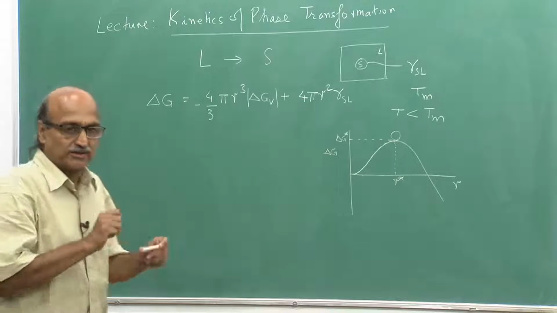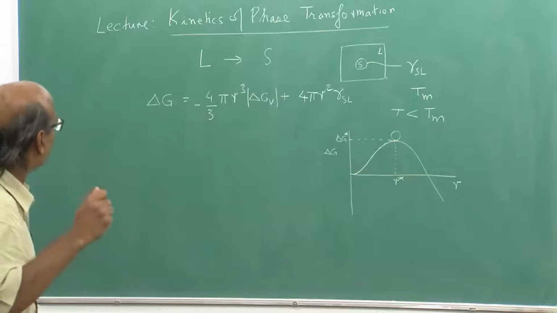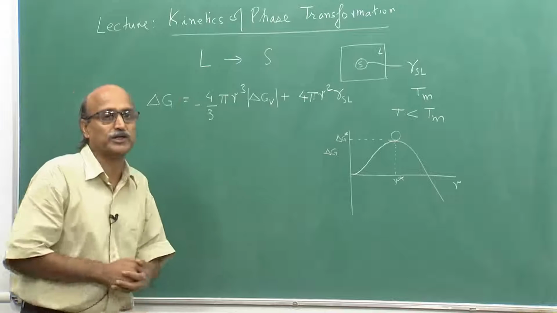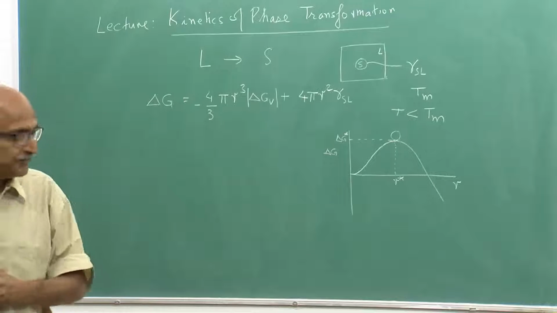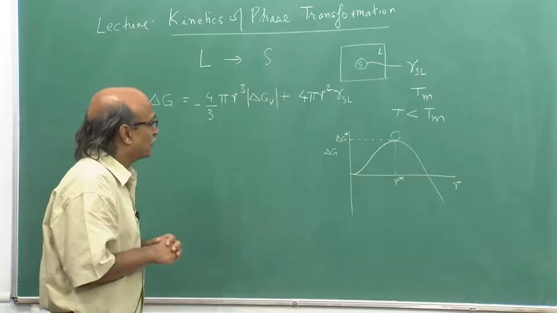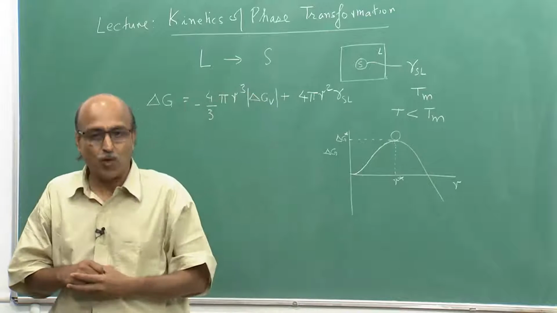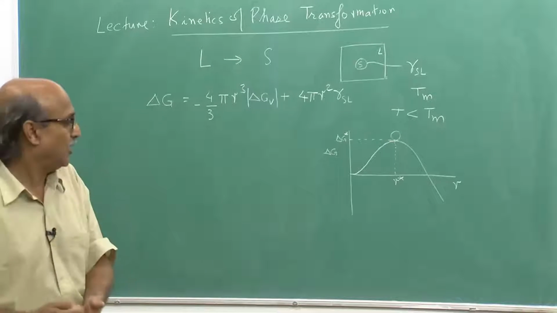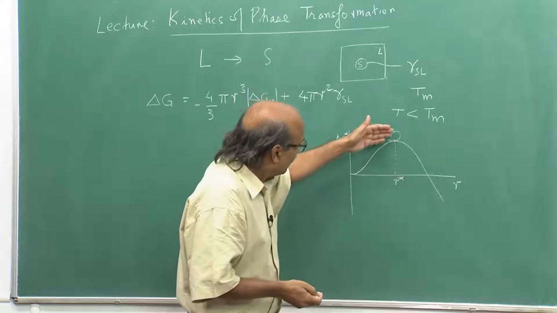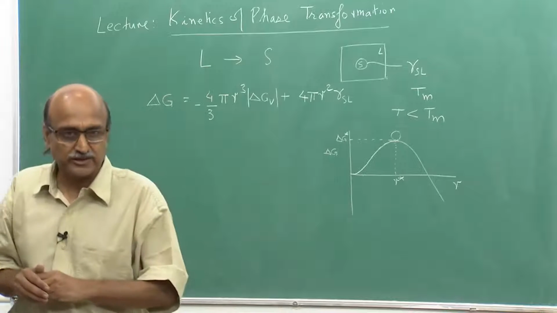So, one of the critical things when we have to look at nucleation and the kinetics of nucleation, because that is going to play an important role in the kinetics of phase transformation, would be at what rate critical size nuclei would form and how many of them would become supercritical, which would mean greater than the critical size.